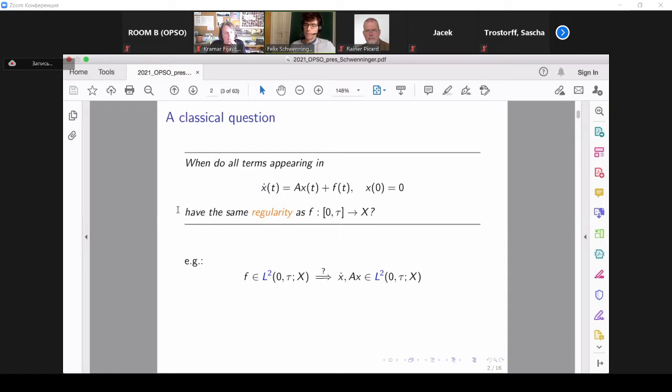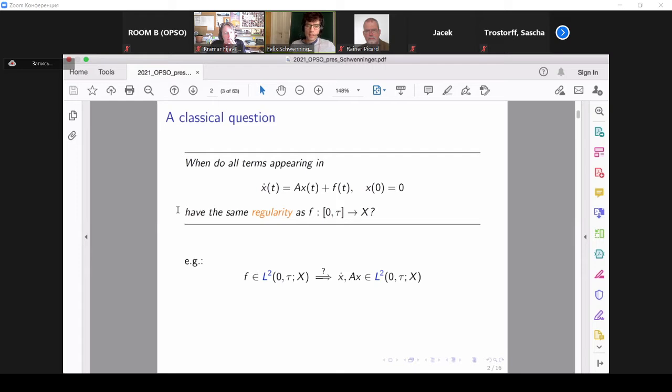Whether this regularity of f in time carries over to x dot and Ax, so to the other terms in the equation. And of course, as soon as it carries over to one of those, by the equation it holds for the third term as well. So this is enough, of course, to simply consider Ax here.